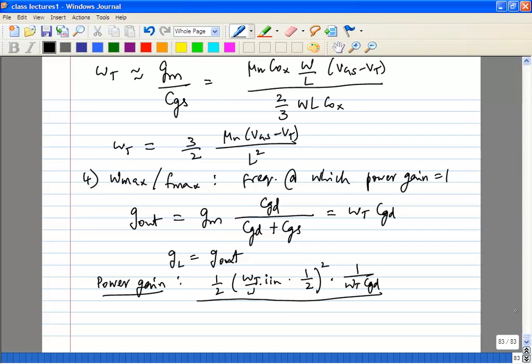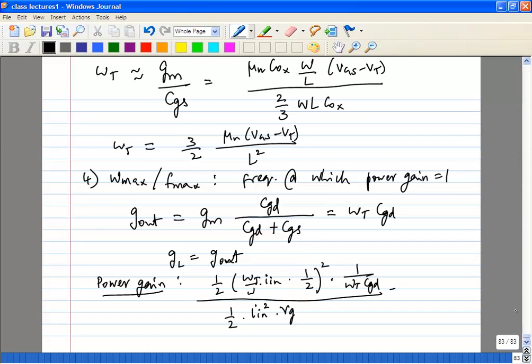Is that clear to everybody? ID is omega t over omega times IN. Half of that current flows through the load. So I squared times R is the power, and of course you have the 1 over 2 factor because peak to RMS. Similarly, what is the input power burnt? It's IN squared times you have a gate resistance RG, and of course half of that.